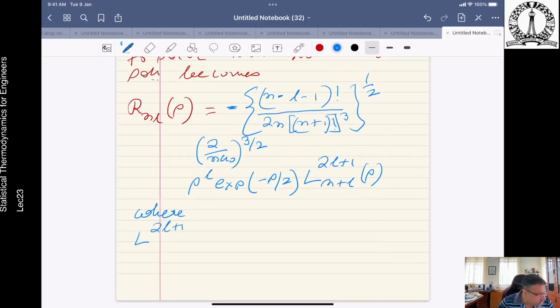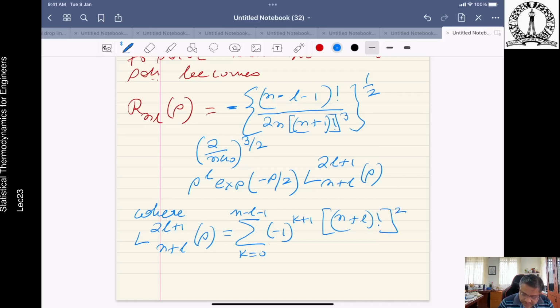Where L of 2L plus 1, n plus L, rho is equal to summation k equal to 0 to n minus L minus 1, of minus 1 to the power k plus 1, times (n plus L) factorial squared, divided by (n minus L minus 1 minus k) factorial, (2L plus 1 plus k) factorial, and k factorial, and this raised to the power of k.